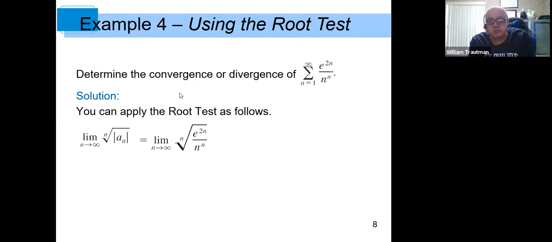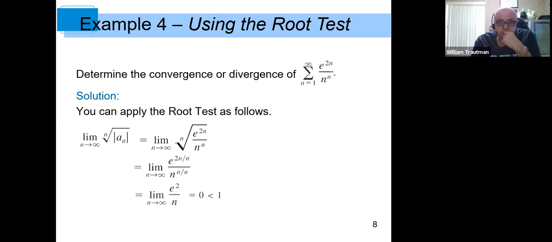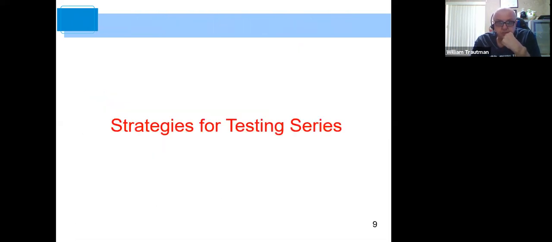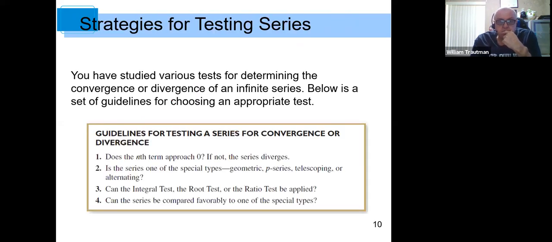Okay, so let's look at the rest of the slides. These are the different things we've gone over in chapter 9. Guidelines for testing a series for convergence or divergence. Does the nth term approach 0? If not, it diverges. So when we're looking at a series, the nth term should approach 0 if it's converging.